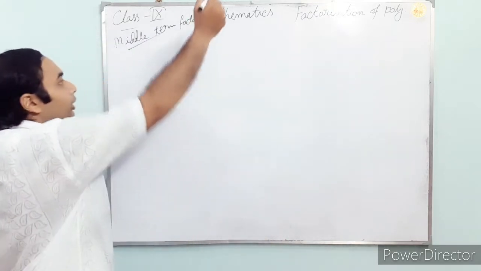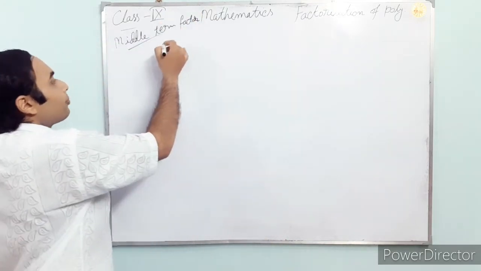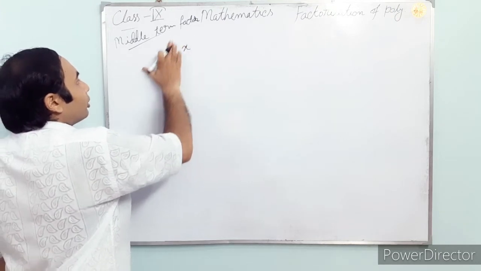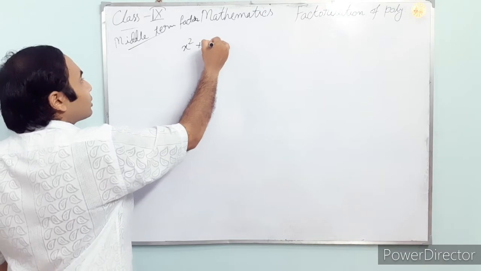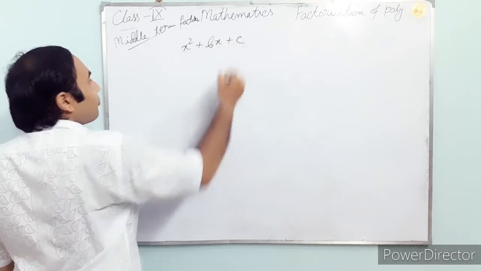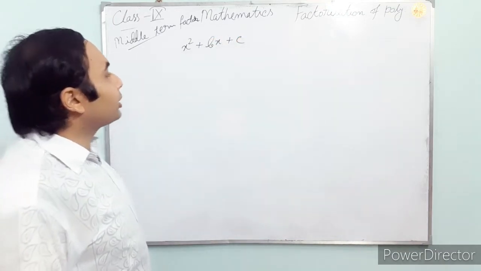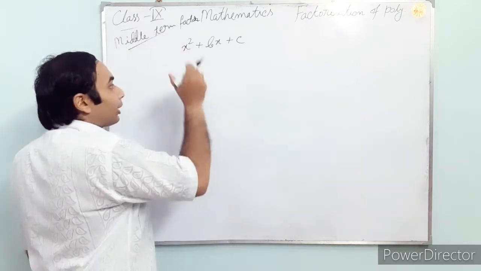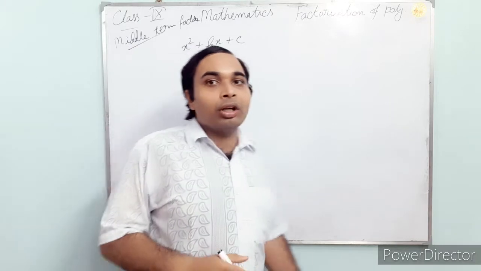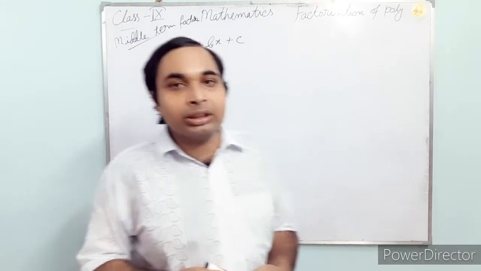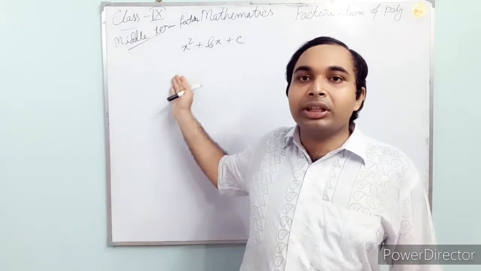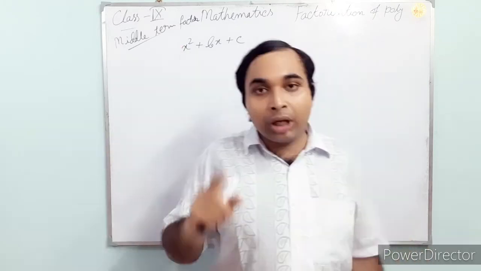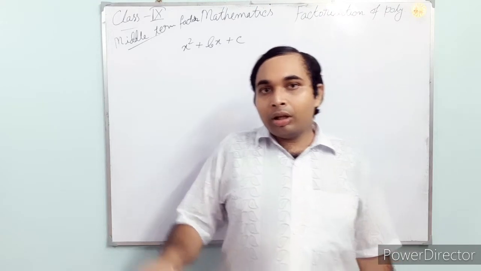So what are the quadratic trinomials? That is x square plus bx plus c. This is called the quadratic trinomial. To factorize this quadratic trinomial, you have to express it as the product of two 1-degree polynomials.